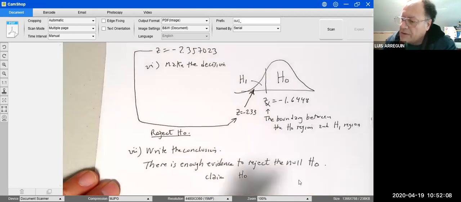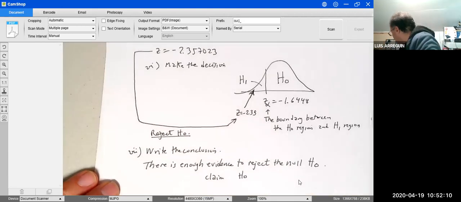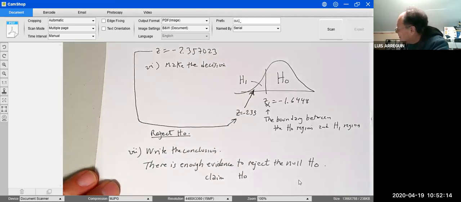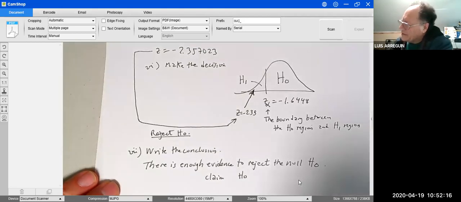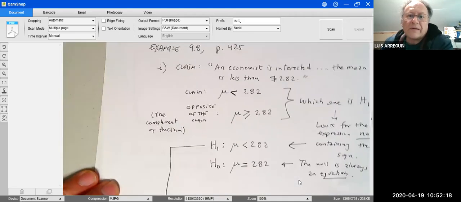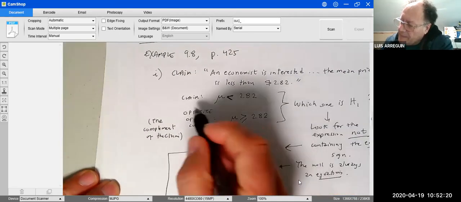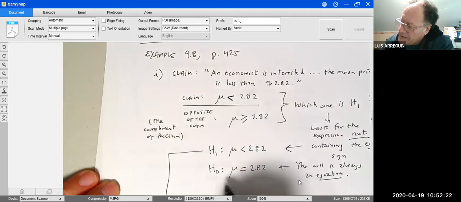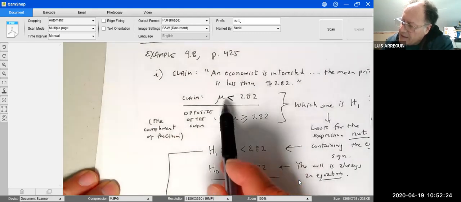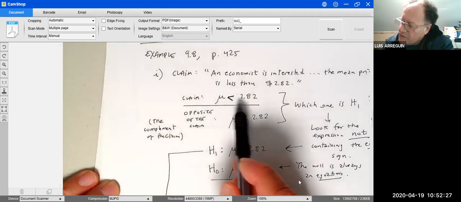So, in this case, we need to compare first the claim and the null. So, you need to go back to our setting. So, we have here our setting. This is the claim, and this is the null. You can see the claim is mu less than 2.82.